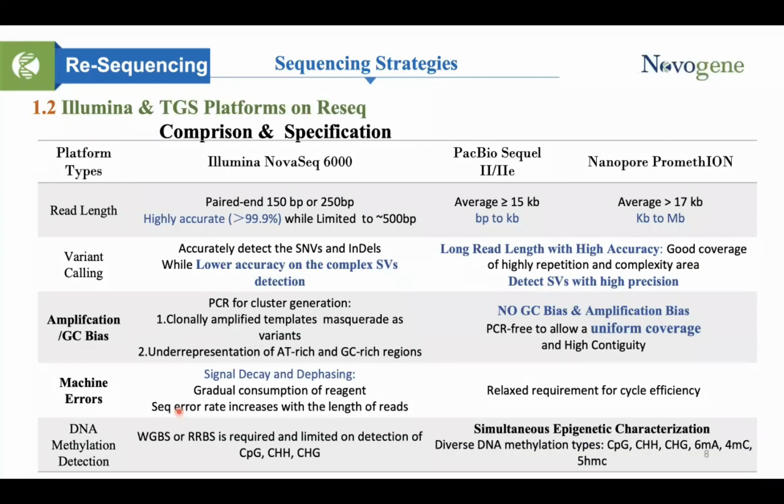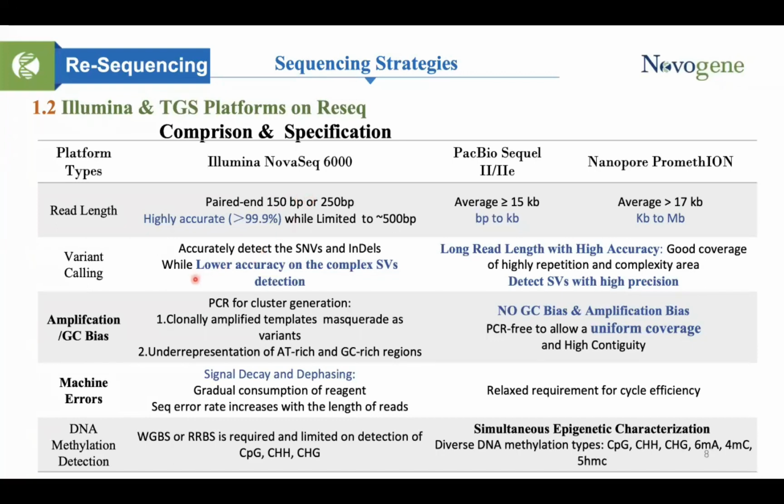In comparison between next generation technology, with Illumina sequencers as the major representative, and TGS, represented by PacBio and Nanopore, the most marked characteristic of TGS is a long read length, at least 15 kb, compared to the paired-end 150 bp or 250 bp fragments of NovaSeq.